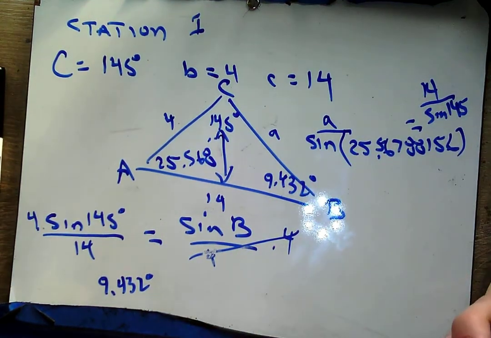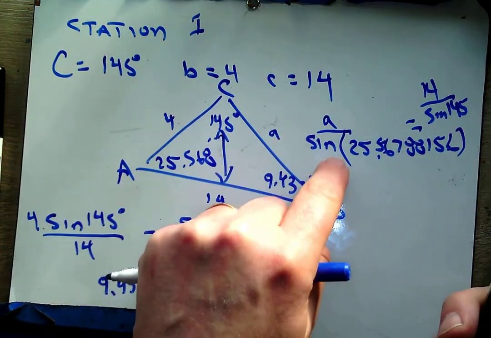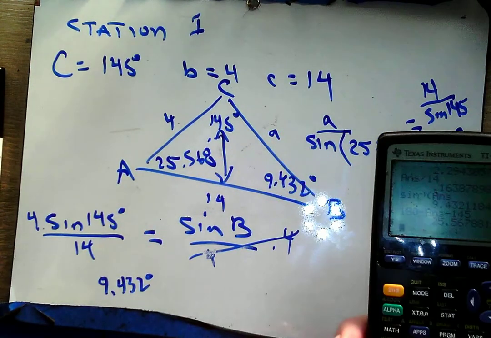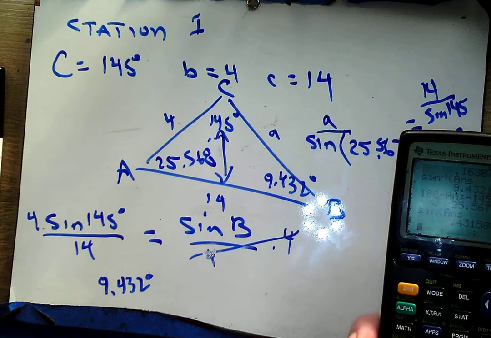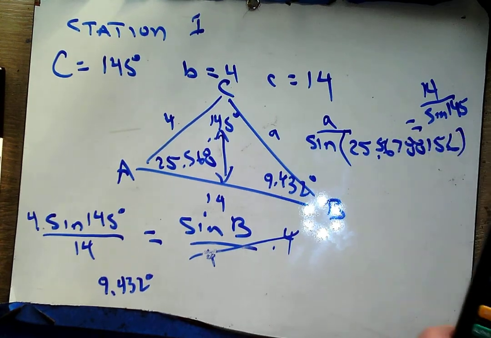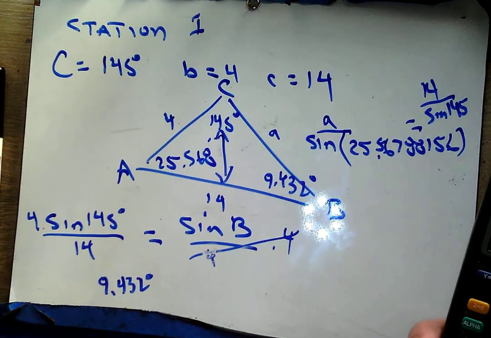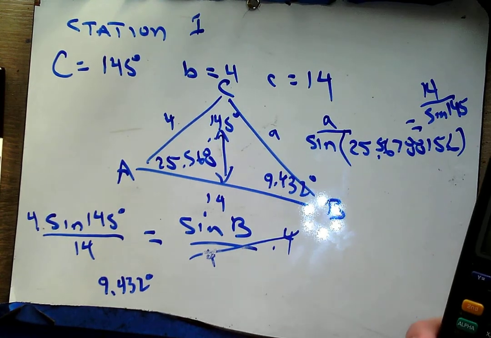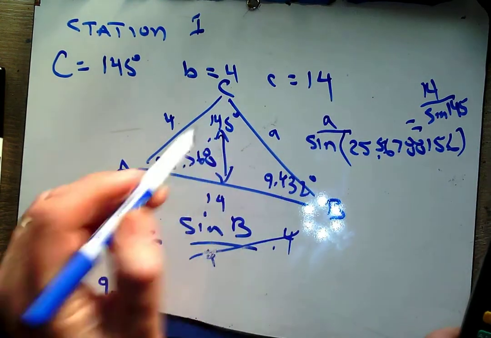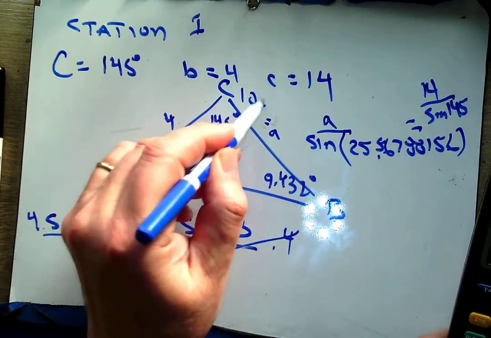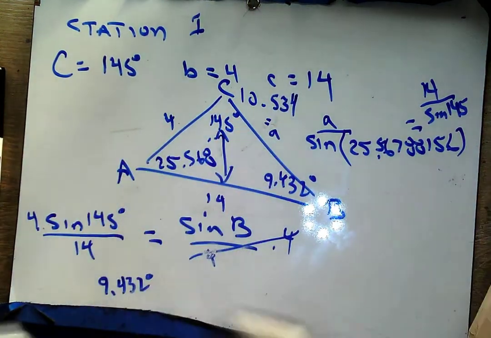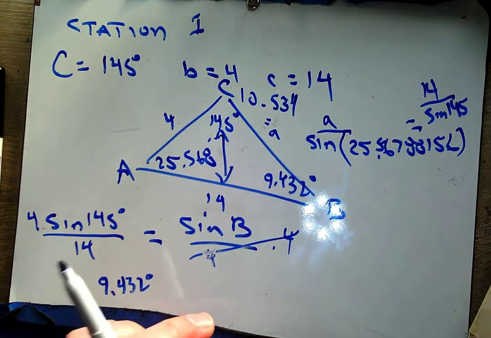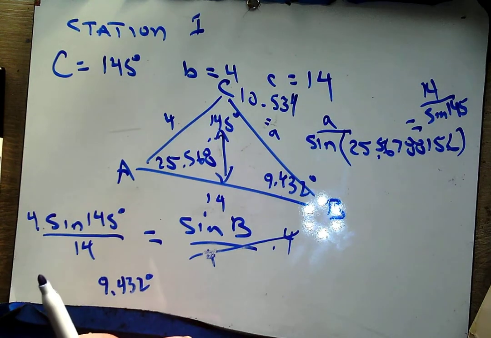So let's solve for a by multiplying both sides by the sine of that angle, so times 14, and divided by the sine of 145, and I get little a is 10.534. 10.534 is my answer there.